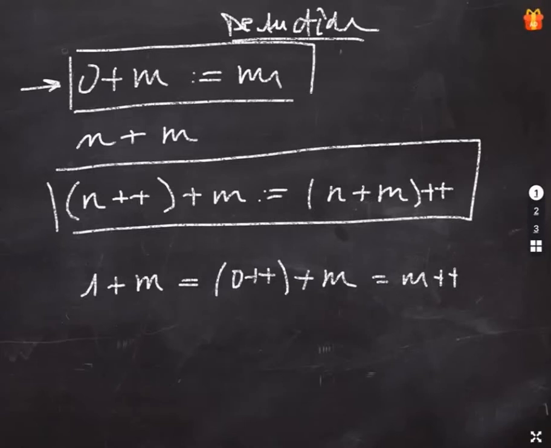For instance, 2 plus m is going to be 1++ plus m, which is m++++.